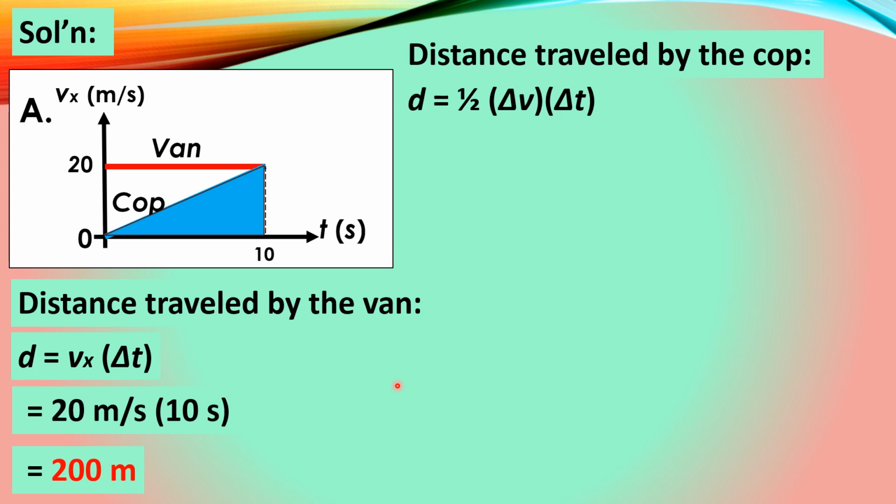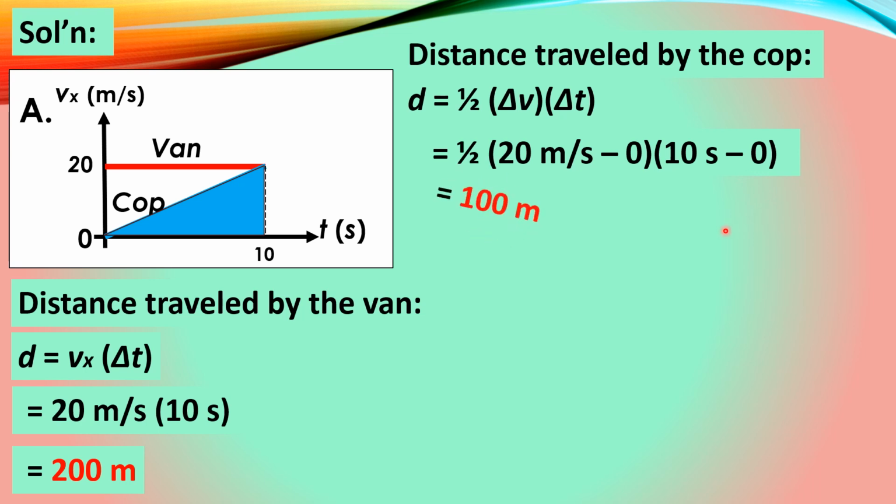So when we substitute the quantities, we get d is equal to 1 half multiplied by the change in velocity, which is 20 meters per second minus 0 meters per second, multiplied by delta t, 10 seconds minus 0. So the distance traveled by the motorcycle is just equal to 100 meters.